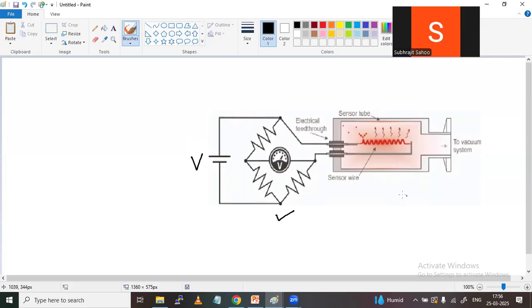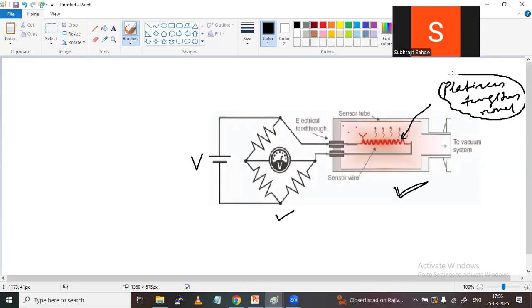Out of the four arms, this one is the pressure sensing element. This is the sensing resistor. It is made up of platinum or tungsten or nickel, any of these materials we can use, because these materials have good thermal conductivity.